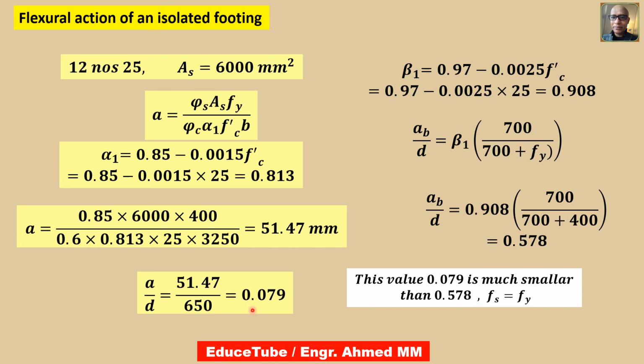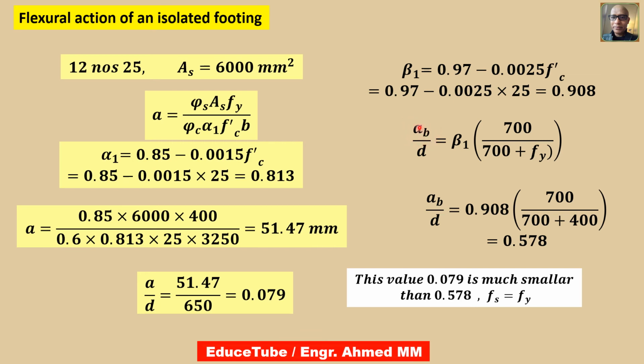Now we need to compare the same ratio for the balanced failure. For this we have to find beta 1. Using this equation we found 0.908, and ab divided by d. This is also a, the depth of equivalent rectangular stress block, but at balanced failure.